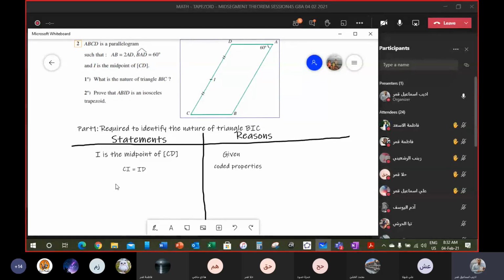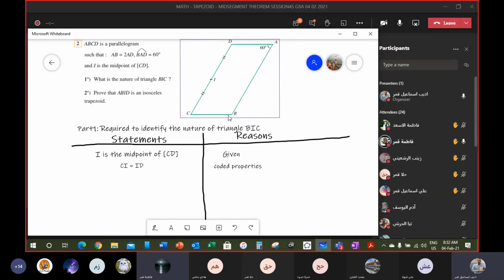طيب فاطمة قمر، يلا. IC equal CB. I is the midpoint of DC given. CD equal CB قسم 2.